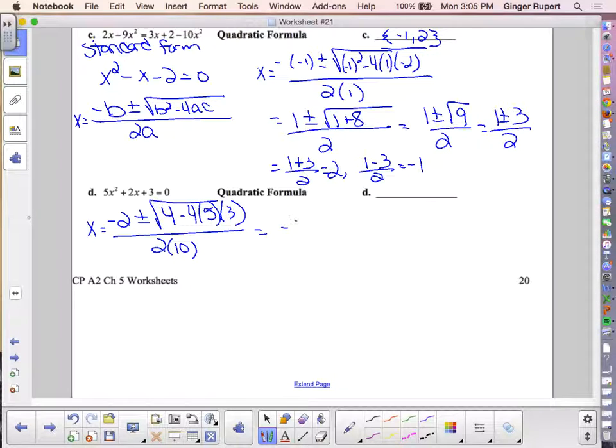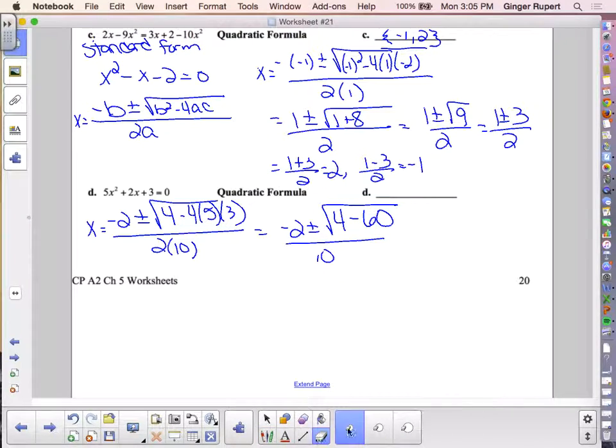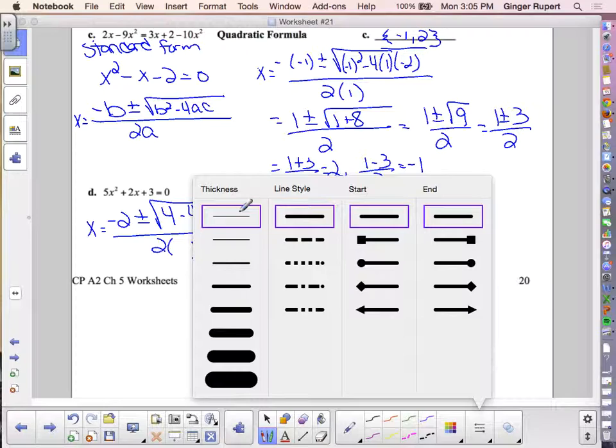That's going to give me -2 plus or minus the square root of 4 minus 60 all over, let's see, 2 times a, that's 10, all over 10. Sorry, I made an error there. I was trying to figure out what I'd done wrong. That's a 5. A was 5.